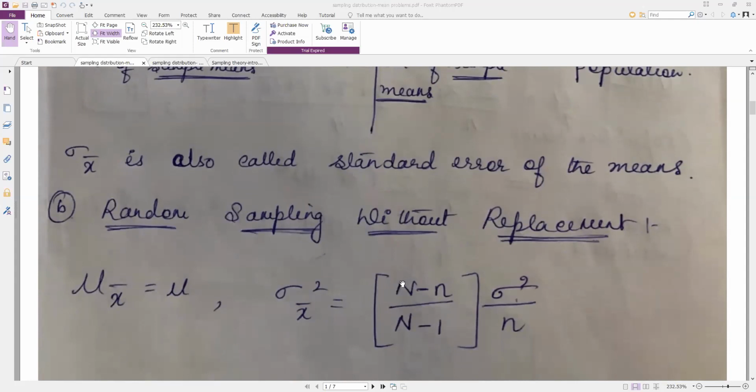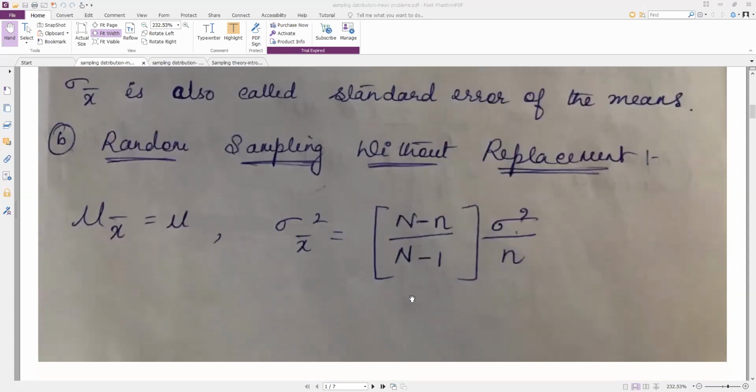That is, when N tends to infinity, what happens? We can take this N out, N cancels, and that time you will get 1 minus n by N over 1 minus 1 by N. So when the limit N tends to infinity, this becomes 0, this becomes 0, you will get 1, correct? So the correction factor becomes 1 when N is very large.